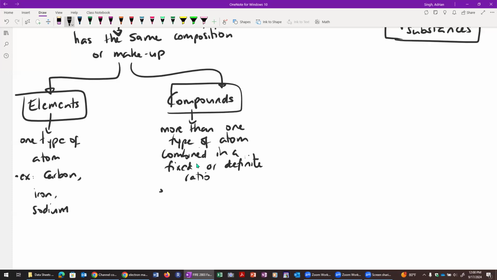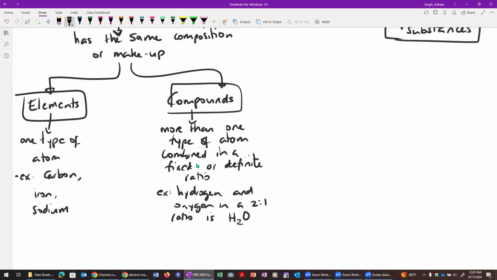So for example, I'm going to have different elements. Let's say hydrogen and oxygen in a 2-to-1 ratio between those atoms is nothing more than an H for hydrogen, and a 2 as a subscript tells us we have two hydrogens, and then an O for oxygen, and a subscript of 1.